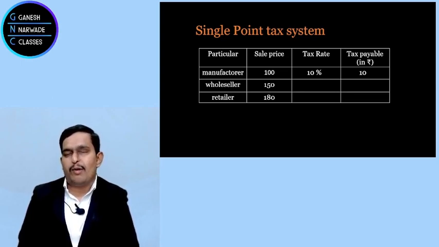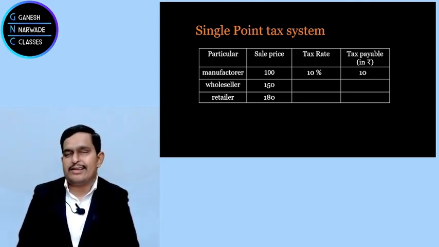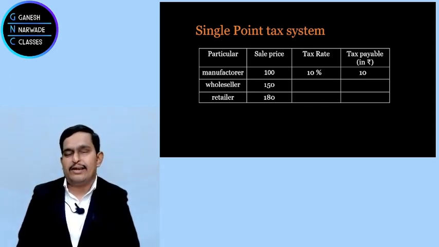Now in the single point tax system, tax will be levied at only one stage, because the name itself tells: single point. So 100 rupees, 10% is the rate of tax for simplicity of calculation. 100 rupees into 10%, how much? 10 rupees. Now the government collected 10 rupees.